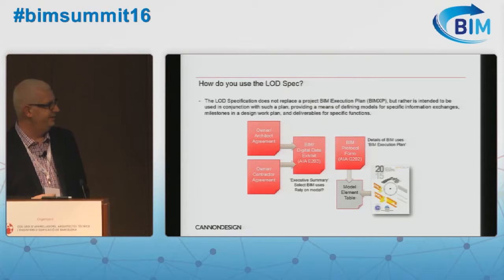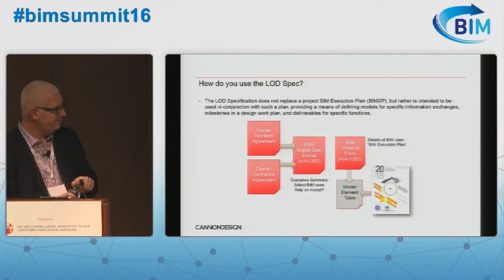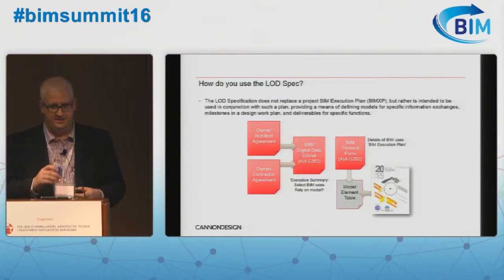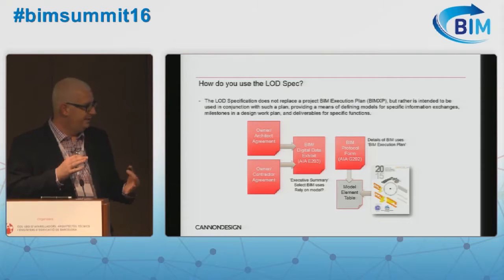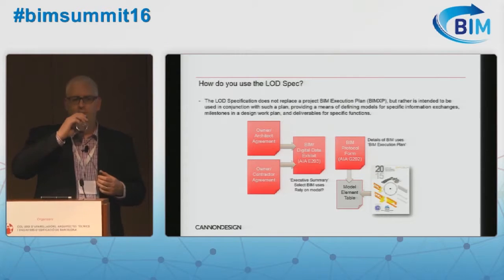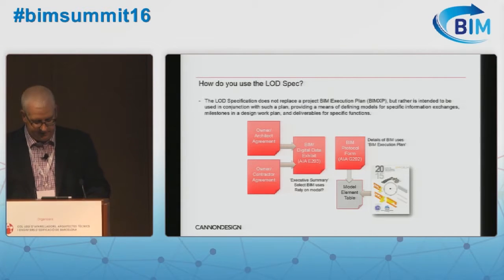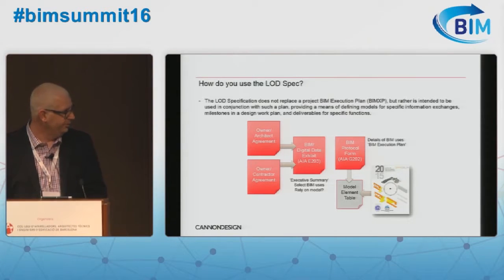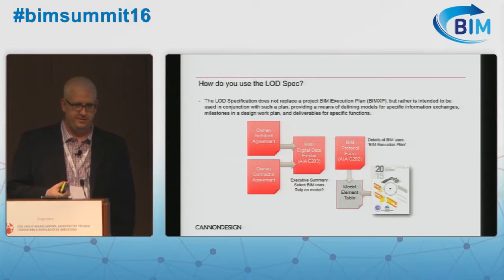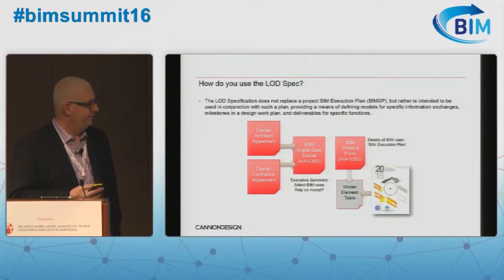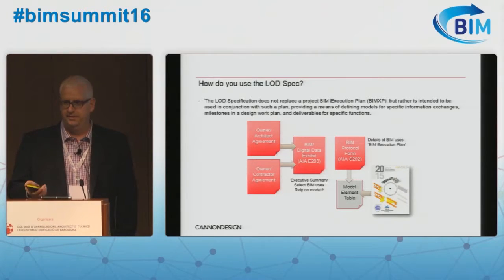Last thing we want to touch on is how we actually share this information and communicate that about the project teams. Again, the LOD specification is not a requirement. It's a reference manual. It's a benchmark. In the US, what we actually see is the owner-architect and owner-contractor agreements referencing what's called the AIA's E203, which is an executive summary for digital practice documents that then references the AIA G202.